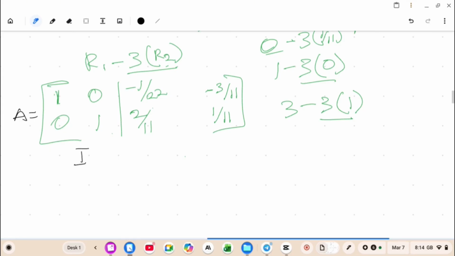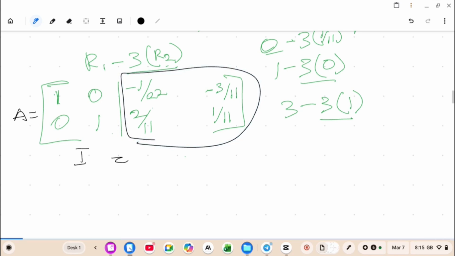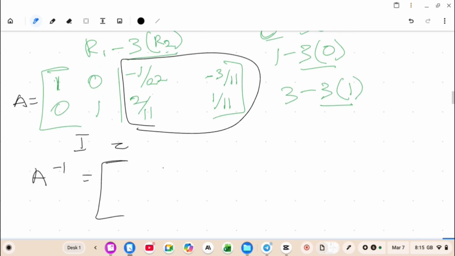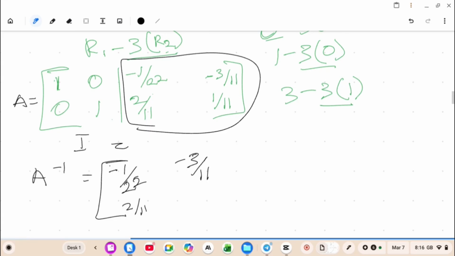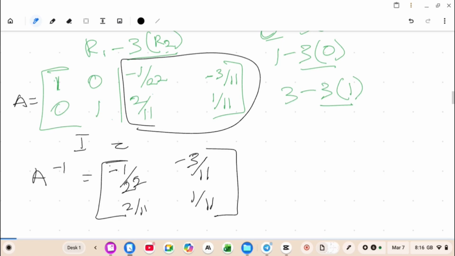It's made up of ones and zeros, which means the values here is now the inverse of A. This is now the inverse of A. So you can say our A inverse is equal to negative 1 on 22, negative 3 and 11, you have 2 and 11, you have 1 on 11. So this is the inverse of A.